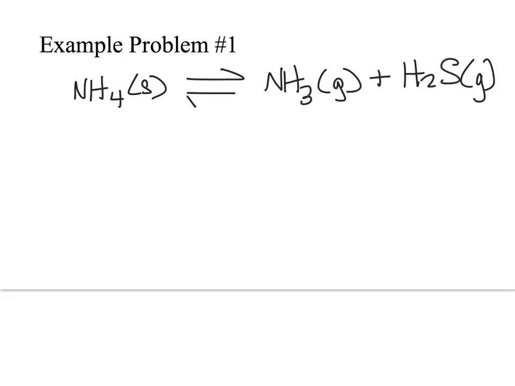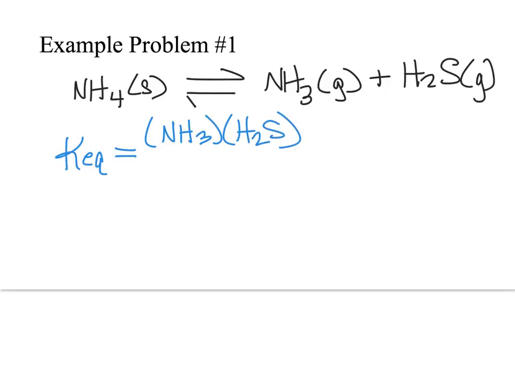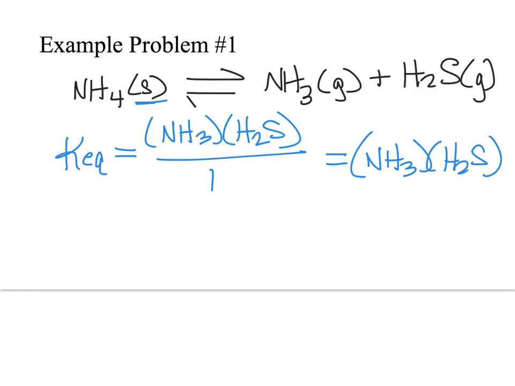If I were writing KEQ, we would have the concentration or pressure of ammonia times the concentration or pressure of hydrogen sulfide over, now notice that this is a solid, okay, so that means that it does not go into my equilibrium formula. So I could just put 1 there, or another way to write that is just simply to put NH3 times hydrogen sulfide.